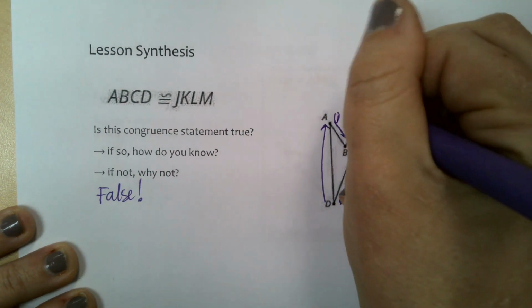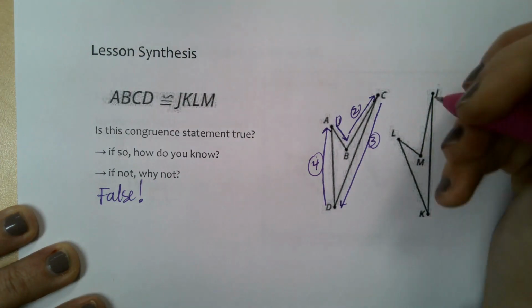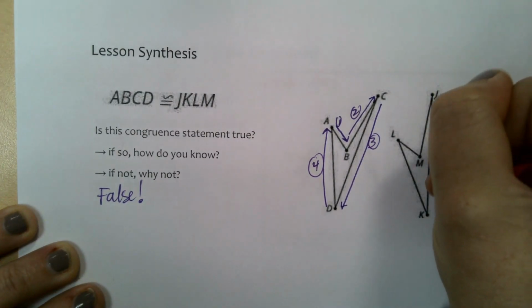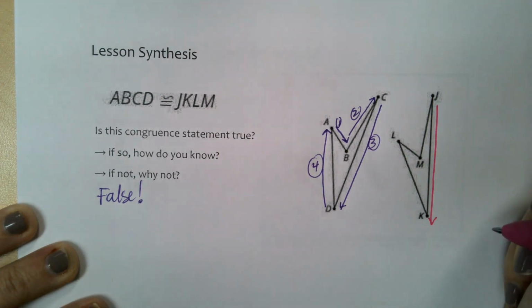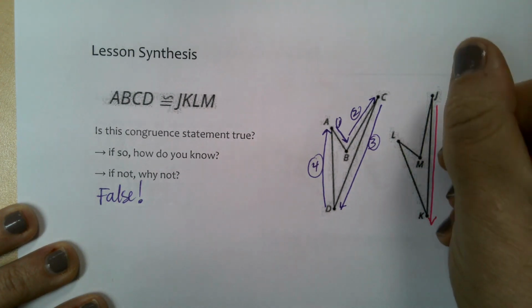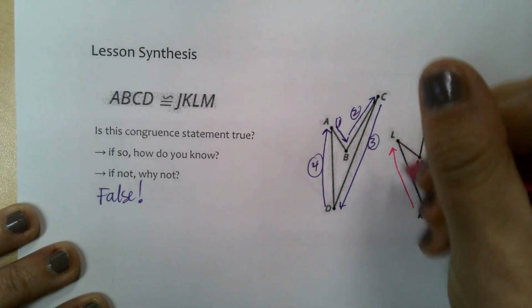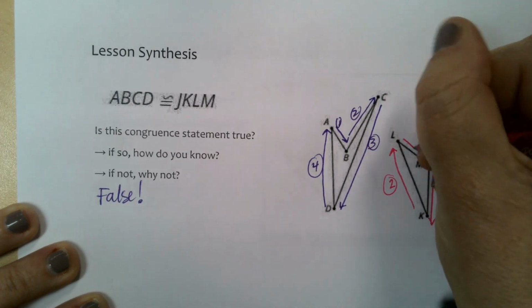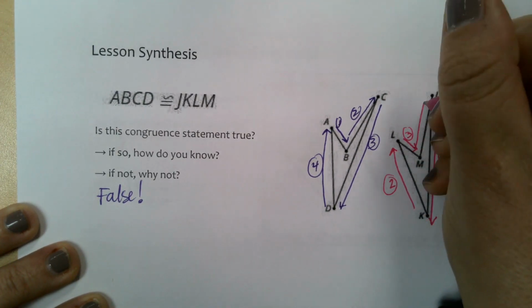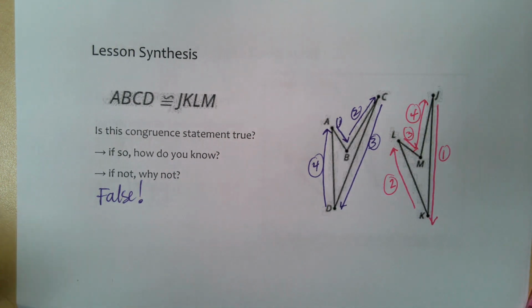So this was 1, 2, 3, 4. Let's do it like that. This one did JK to KL to LM, and then it would go back up. So you can see their corresponding positions are not the same.